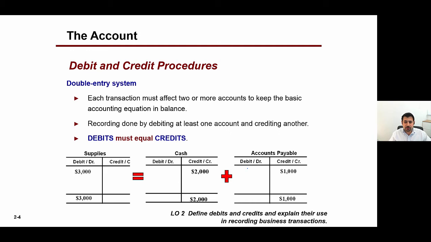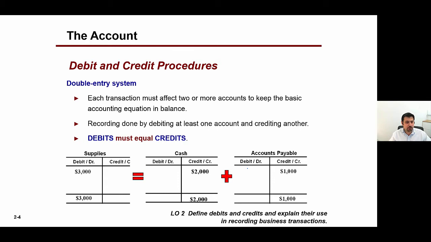Now, debits and credits are the basis of the double entry accounting system. The reason why we call it like that is that at all times, the total debit must equal the total credit. So for each transaction, at least one debit account and at least one credit account must be involved.